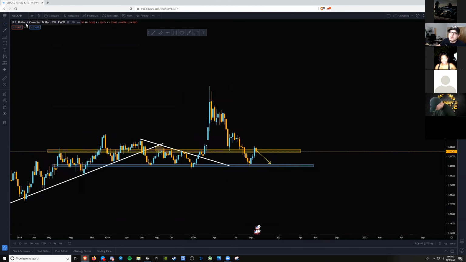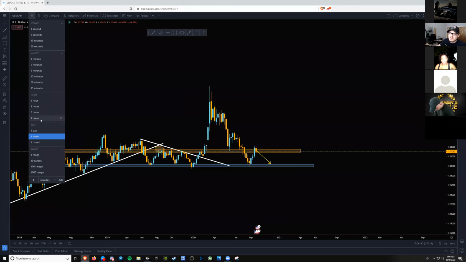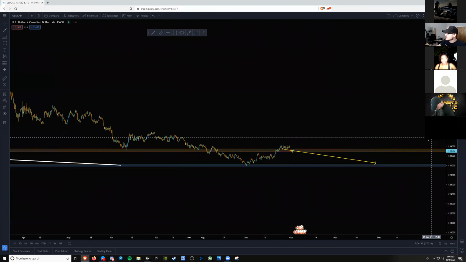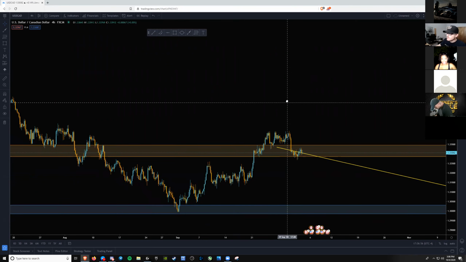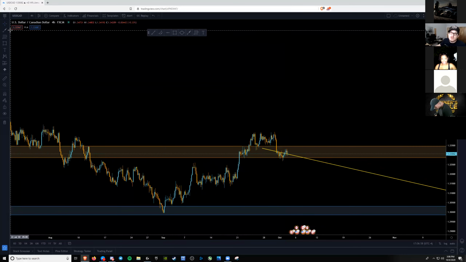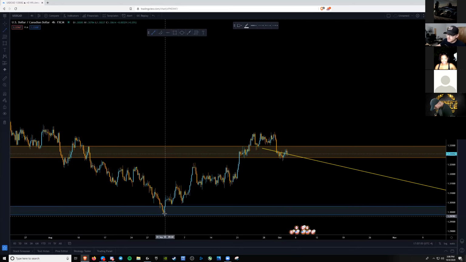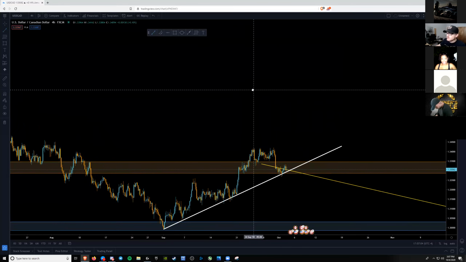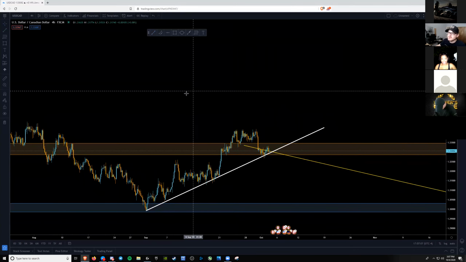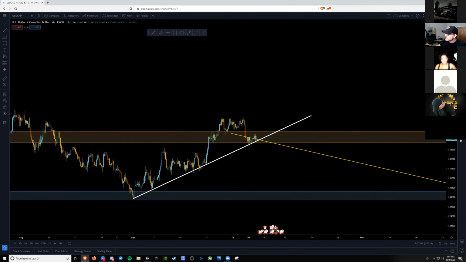Right, and then if we drop down to like 4 hour to look at what the intraday is doing, you can see the potential for a long position, and that could push it back up into that zone that we were looking at on the weekly.